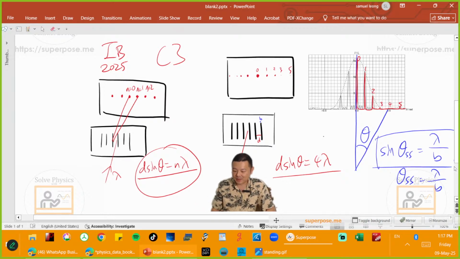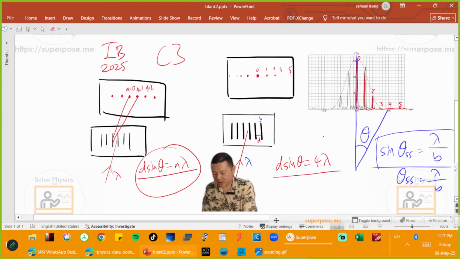Yeah, that's right. Okay, so this is theta double slit. Hang on, no, this is not double slit, this is diffraction grating. So sine theta diffraction grating equals 4 lambda over d.